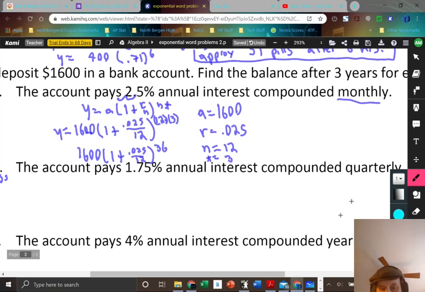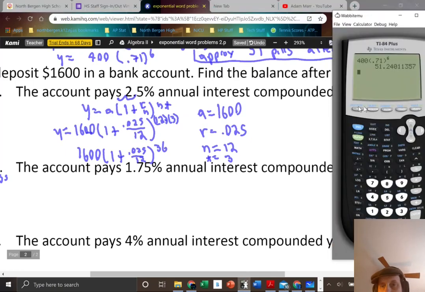Now, if you have a good enough scientific calculator, even a cheap one, you can just do this all at once. It might be easier, so watch how I do it. I'm going to say 1,600, parentheses, then 1 plus 0.025. These calculators do order of operations, so you can just put divided by 12, and it will do the division first and then add.